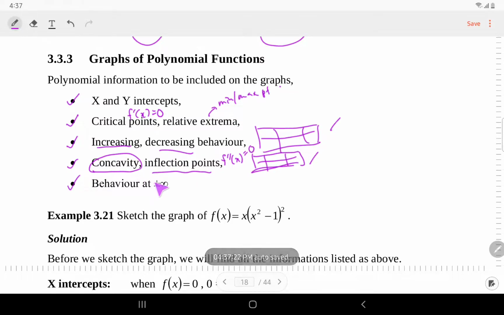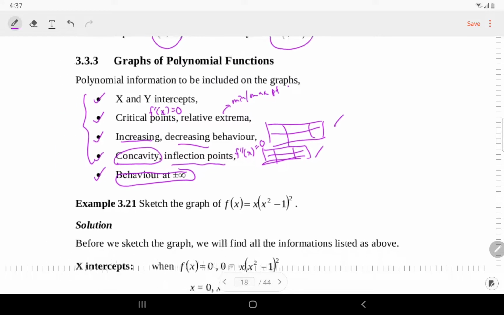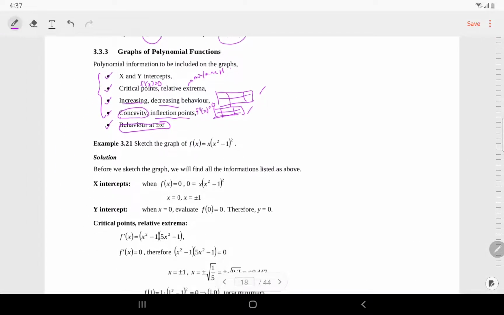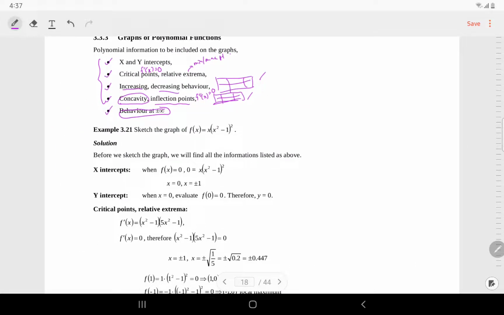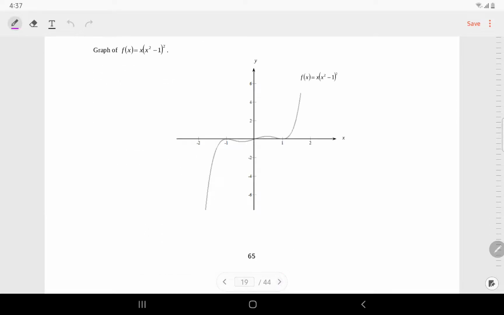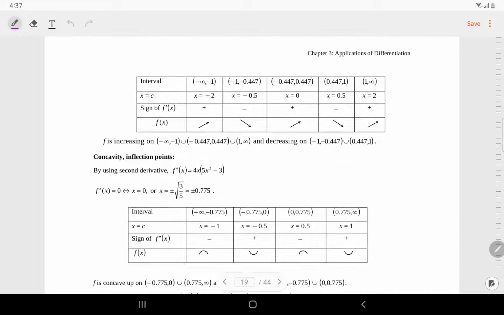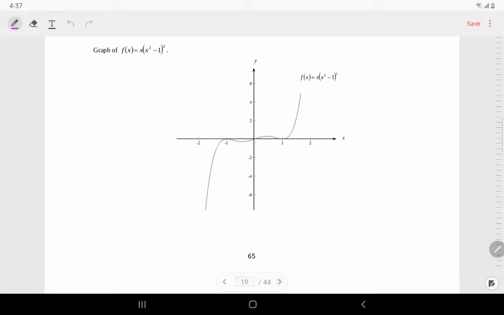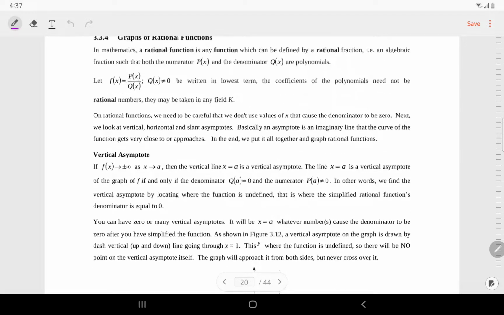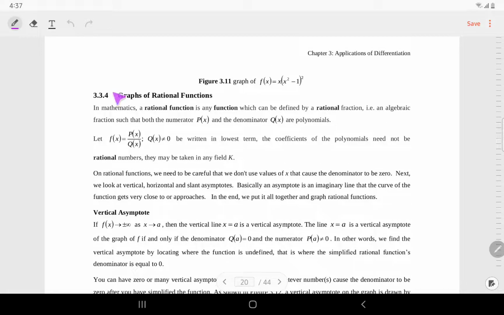Okay, so yang ni tak perlu sangat. Yang ni 4 benda ni kita kena cari dulu. Dah dapat info semua, barulah boleh lukis graph. Okay, so you all boleh study sendiri. Example 3.21. Okay, and then yang ni tak perlu lagi.